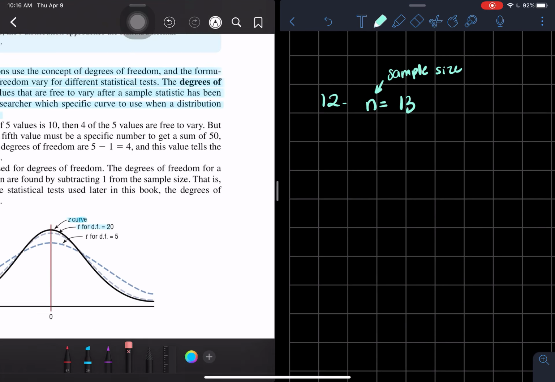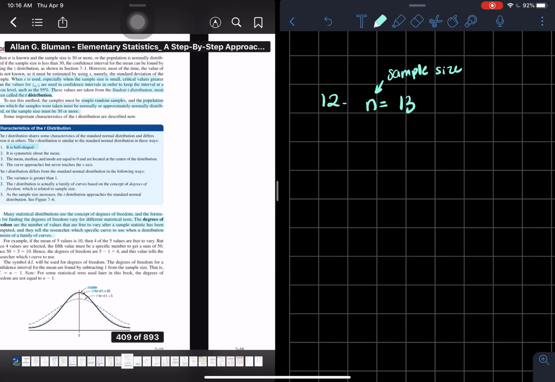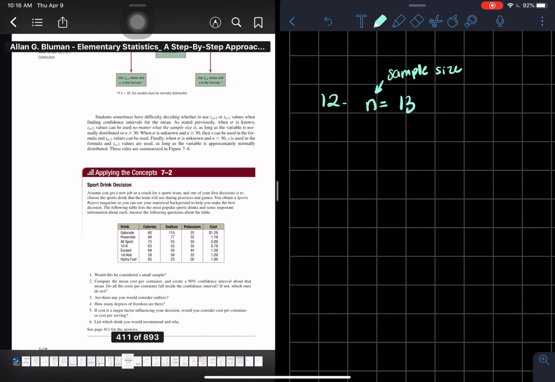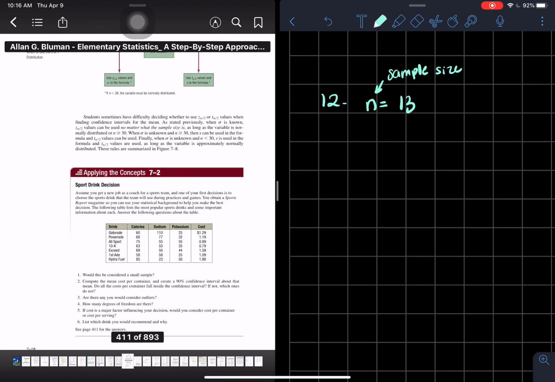Okay, I discussed what degrees of freedom are in a previous video, but I'll reiterate it. Basically, degrees of freedom is this: if I have a certain amount of data and I need the mean to be a certain number, I can choose any numbers I want, but at some point I'm going to have to calculate the last number so that my numbers turn out the same every time.